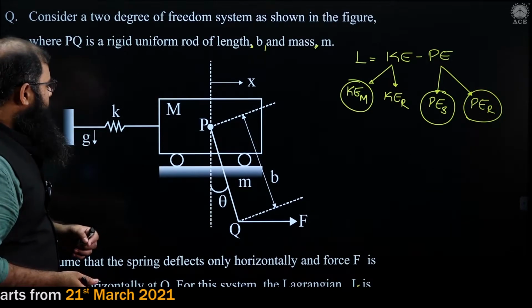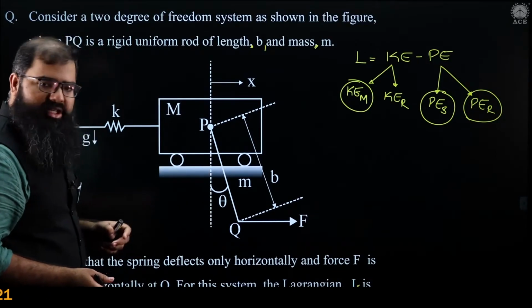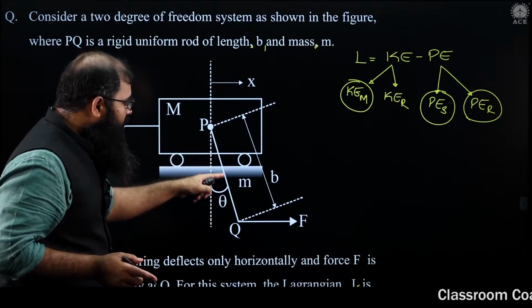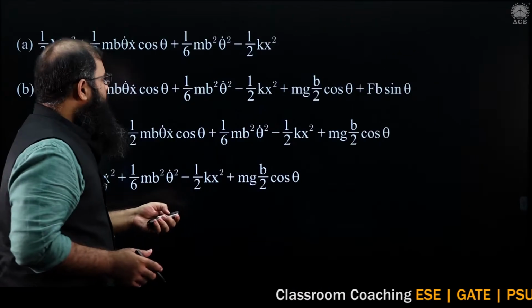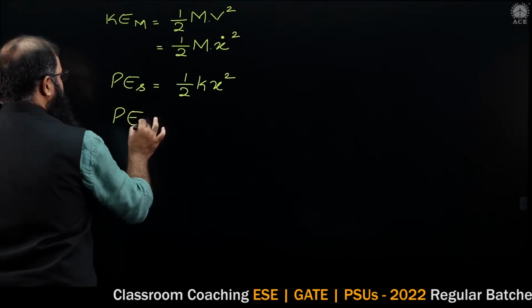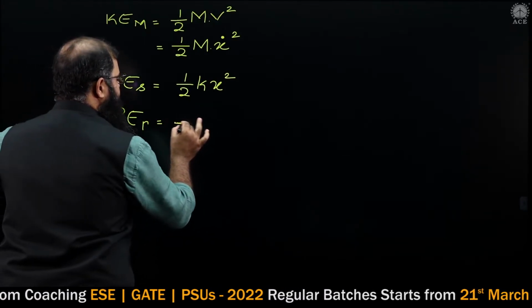Finally, what about the potential energy of the rod? If I take this as my reference, I'm going to have first of all a negative potential energy. Second thing, since I'm having a uniform load, it's not a point load, it is a distributed load, the potential energy of rod is equal to, first of all, a negative.